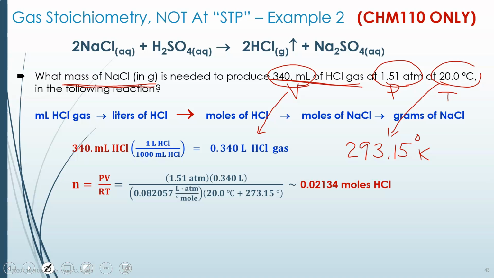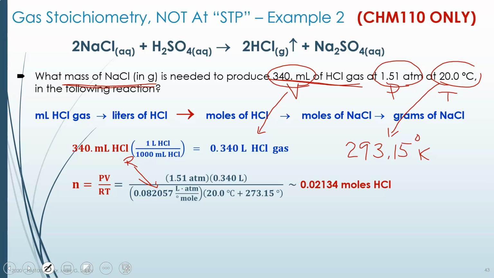And in this case, we use the R value that has the correct units, the liter atmosphere per degree mole. Atmosphere because that is what atmospheres are in the problem, and it has liters. We're using the liters version, so we turned our volume into liters. So all of the component units, atmospheres, liters, degrees Kelvin, and moles, should all be in your R value.